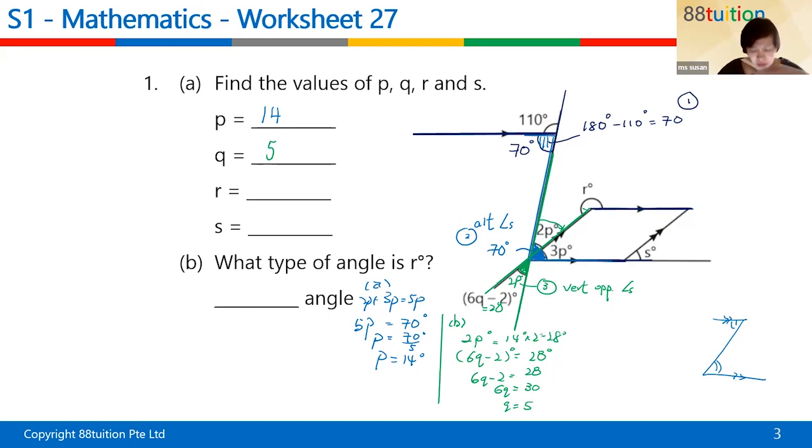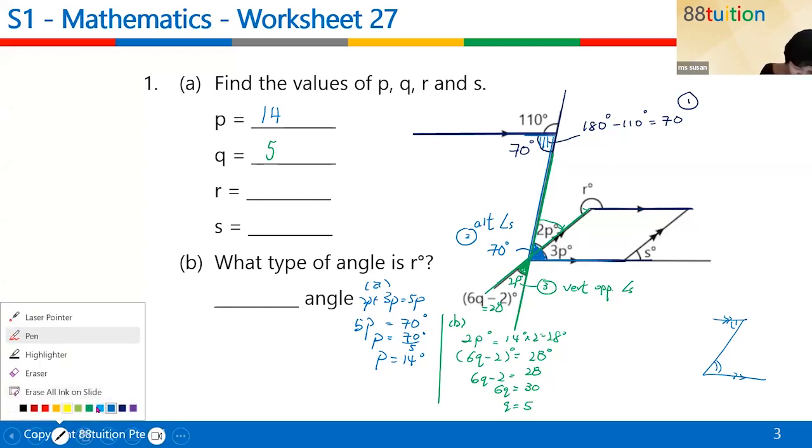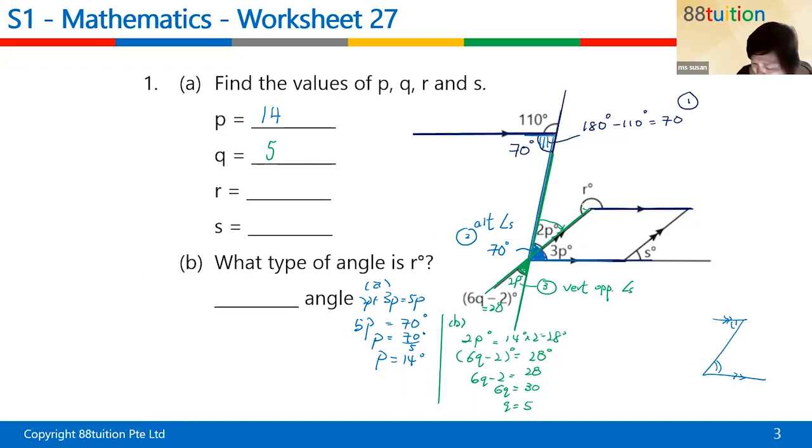All right. From here, having done Q, I need to find R. Let me use this. The arrow will be here. So before I do the arrow, it will be appropriate for me to get down to this angle first.